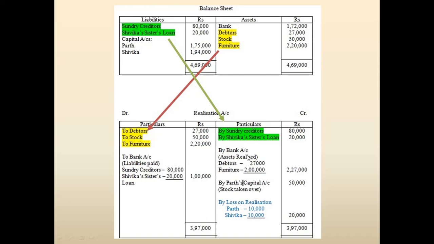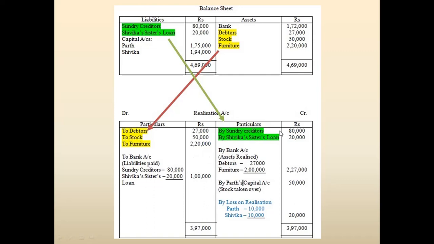The amounts can be changed here depending upon the question, so you have to follow the question. Like in this example, you can see that furniture is realized for rupees 2 lakh, whereas the full value of furniture was 2 lakh 20,000, and debtors were 27,000, and here 27,000 is realized. So the full value can be realized, and sometimes the value realized can be more or less than the actual book value of assets.